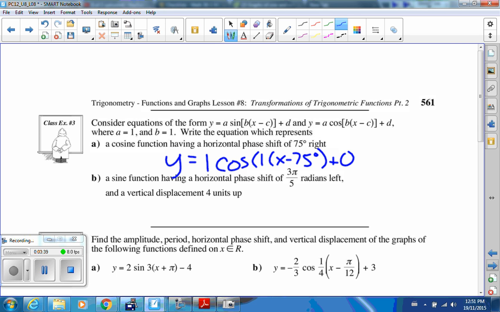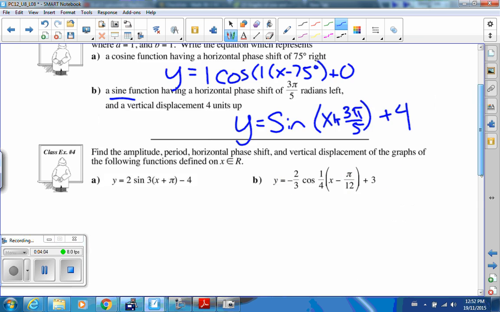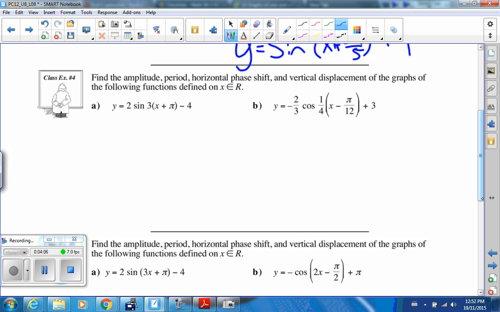Now if I want phase shift of 3 pi fifths to the left and 4 up, it's just going to be y equals sine, if it says so there, of x plus 3 pi fifths, and then plus 4 outside. So in general, when they've given us the equation, it's pretty straightforward.